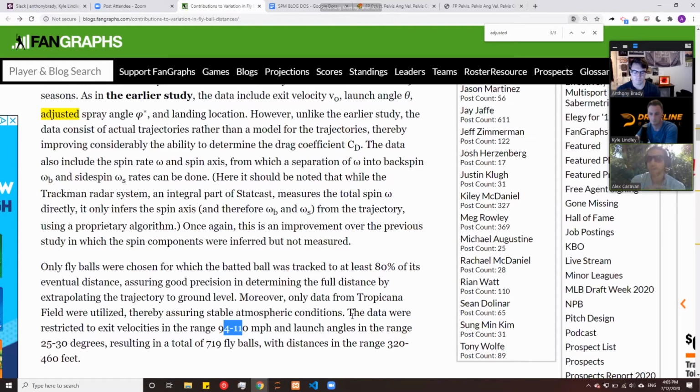Those are all numbers that he measures directly or infers, rather than getting them from applying some sort of linear model and bringing in those weights. Although he did do that for the spin independent drag coefficient, and then later showed the normal distribution and why that's a salient metric to use. But if this had been some sort of prediction model like a random forest, the overfitting would have been a bigger concern in my mind. For sure, that makes sense.